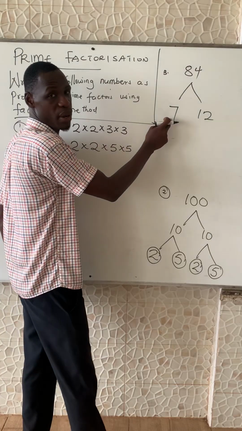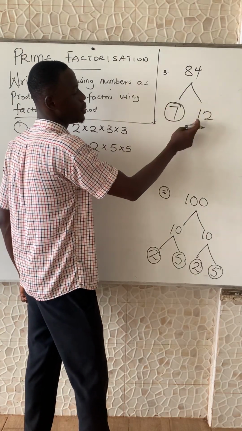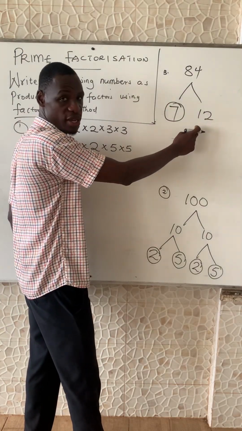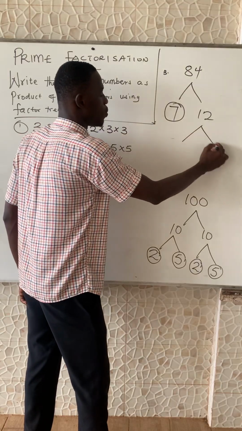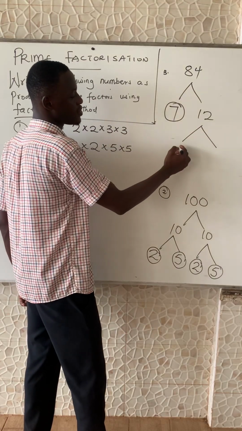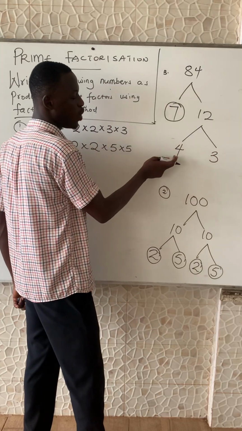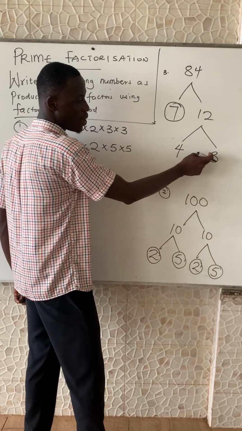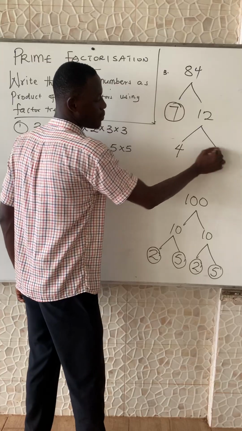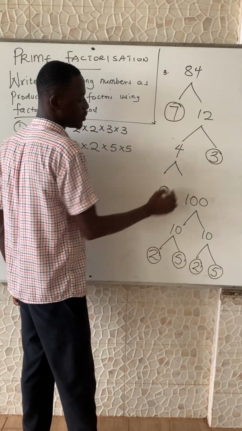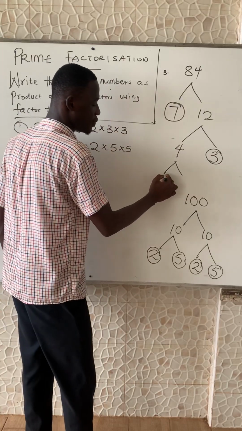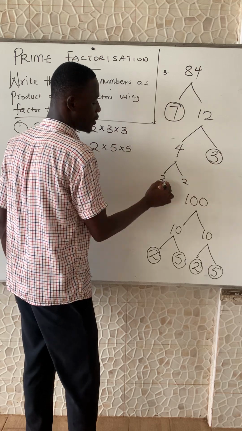Now 7 is a prime number, so we circle it up. 12 is not a prime number, so we break it down. Breaking 12 down will give us 4 times 3. Now 4 is not a prime number, so we break it down, but 3 is a prime number, so we circle it up. Break 4 down, we get 2 times 2.